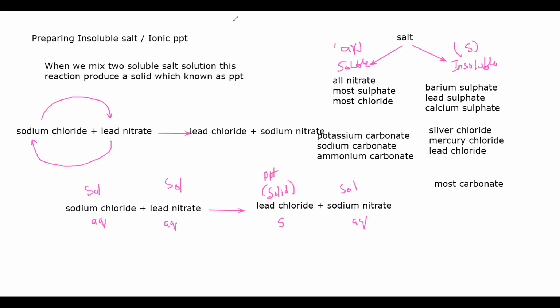So what will happen in this reaction? When we mix two solutions, for example, we have two containers, one filled with sodium chloride, another filled with lead nitrate. Both are aqueous.